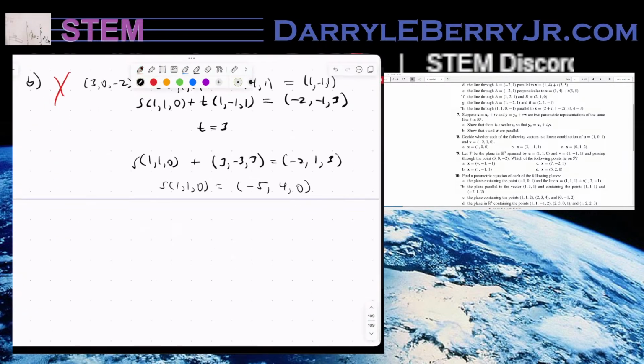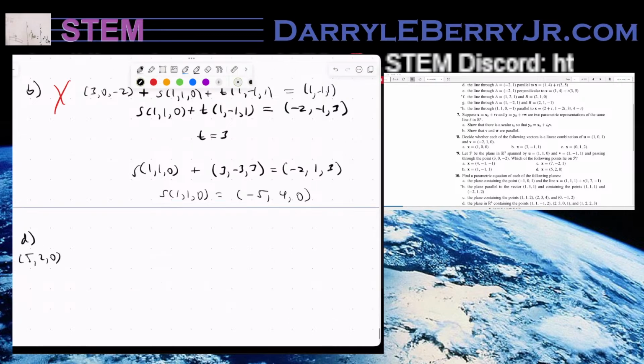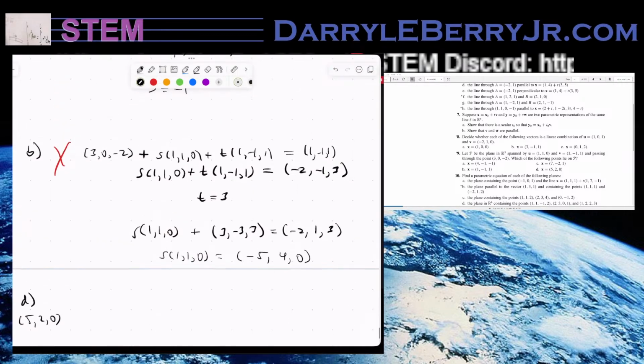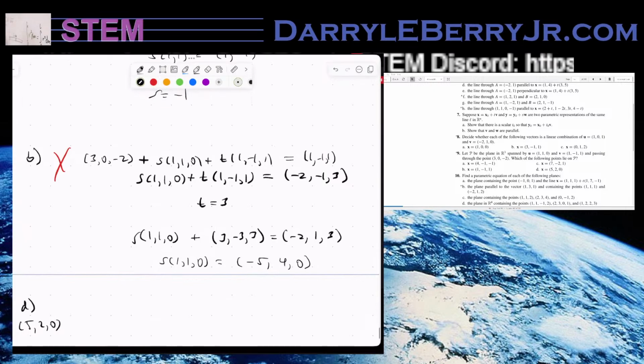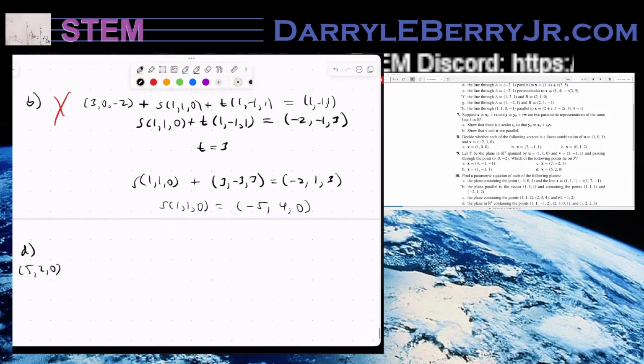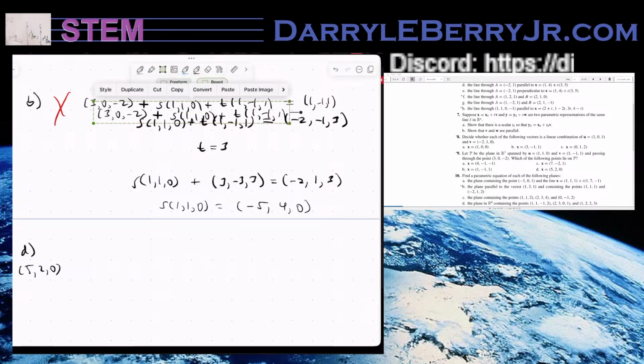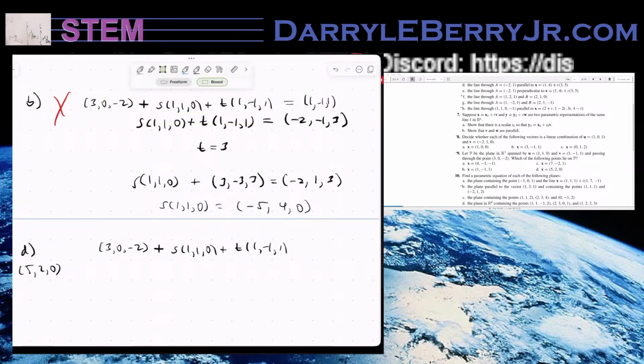So let's go to D, which is 5, 2, 0. They seem very fond of zeros. So now we have this again, our original plane. And now this has to equal 5, 2, and 0.